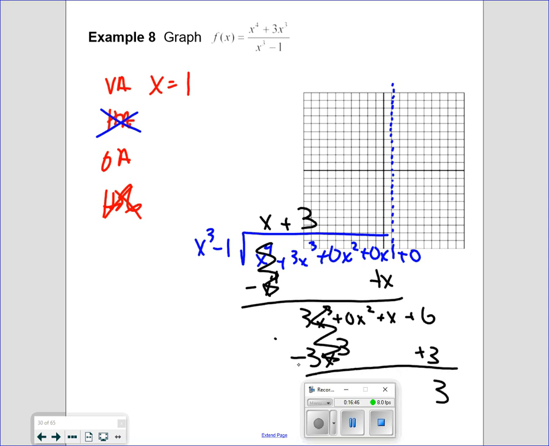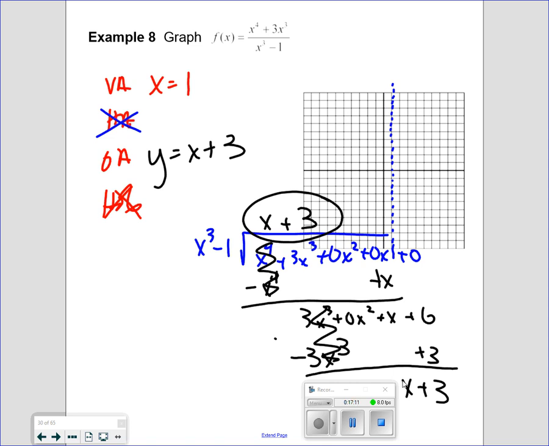And so now, notice that you have no x squared. You do have 1x plus 3. The trouble is the degree now is bigger than what you're dividing into. So now your oblique asymptote is y equals x plus 3. Let's graph this now. And I kind of got in my own way there. So I am going to erase this, but that was the long division.